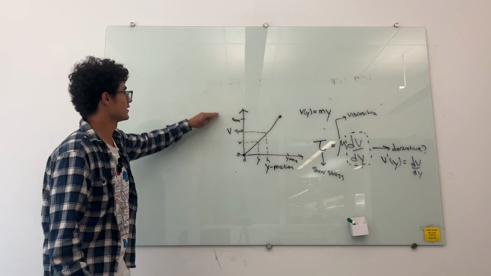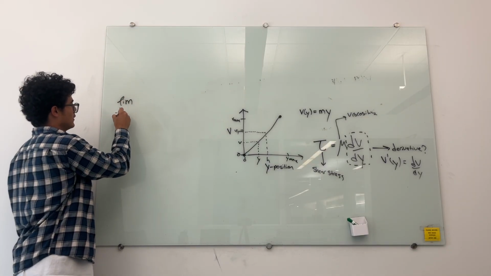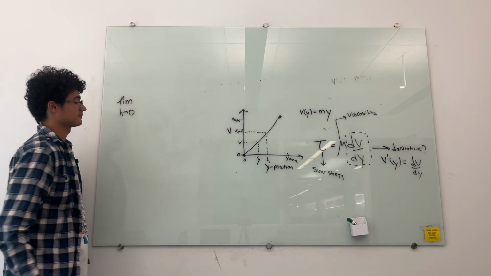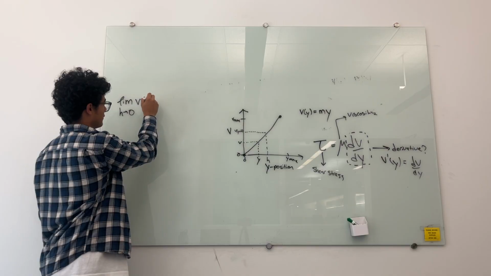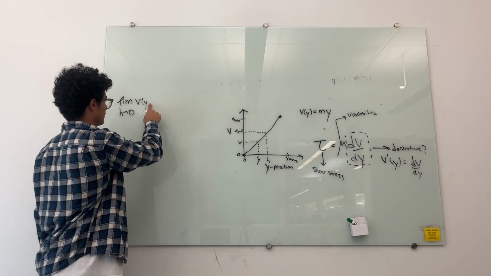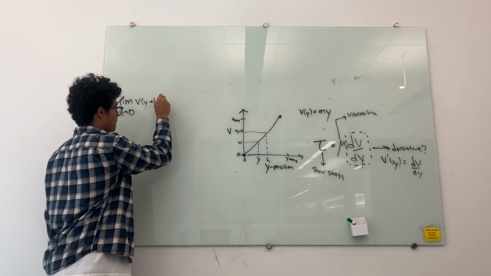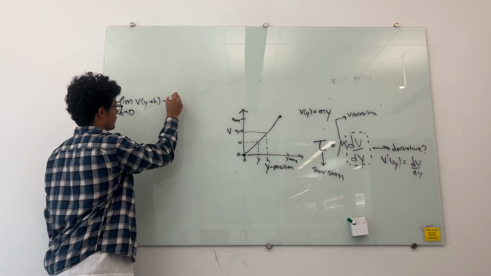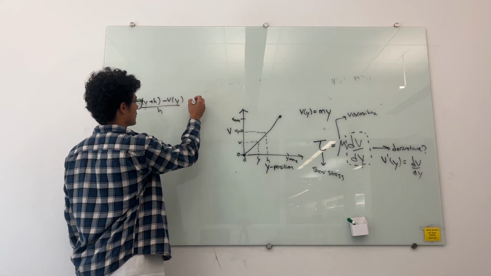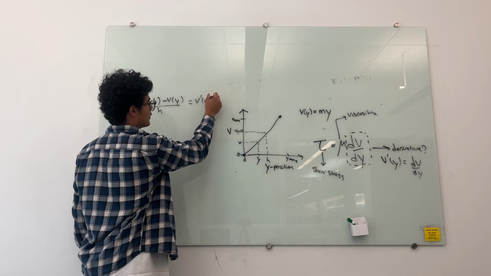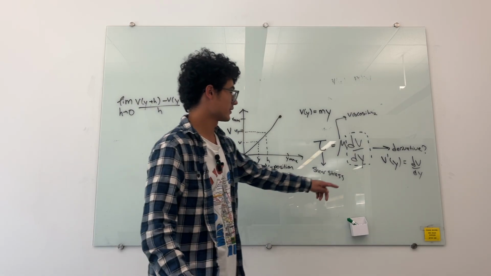Now, let's write this limit definition. So the limit of h approaching 0 of v of y plus h minus v of y over h. And if you remember, this equals v prime of y or dv dy. And that's what we're looking for here.